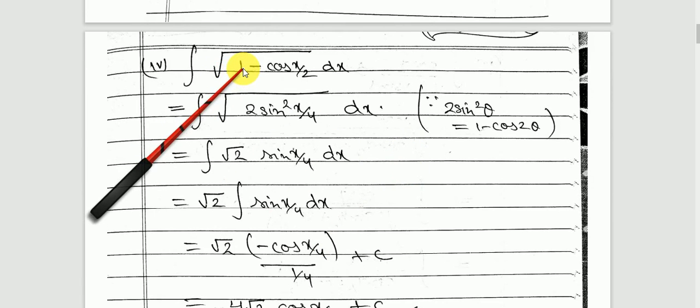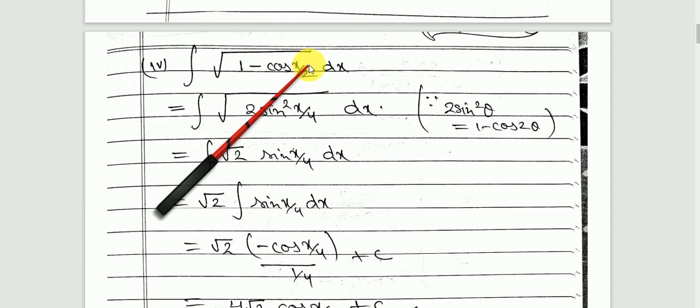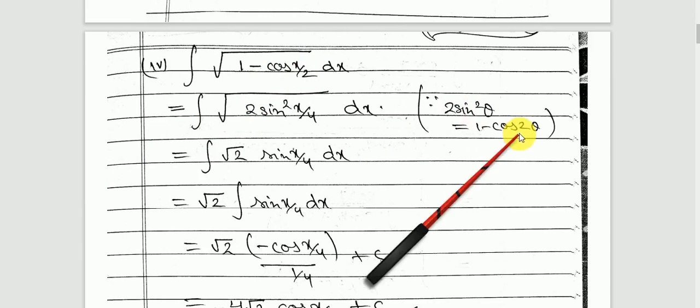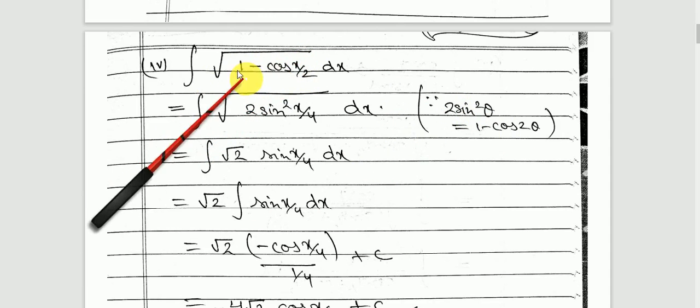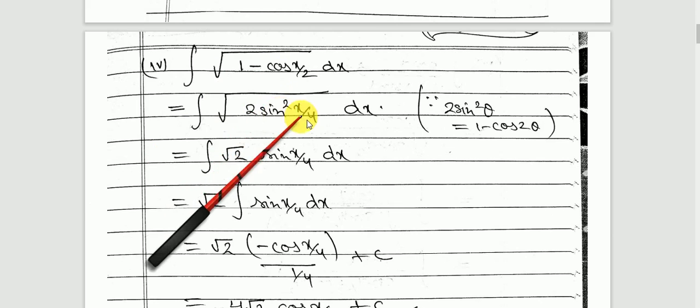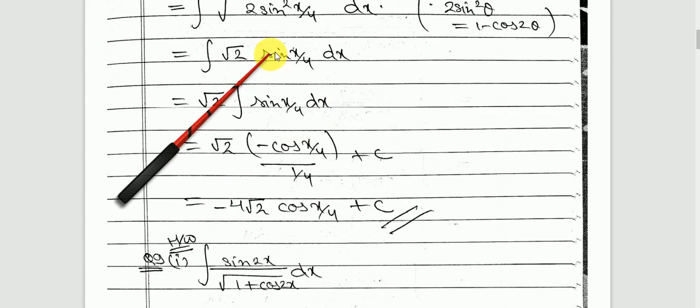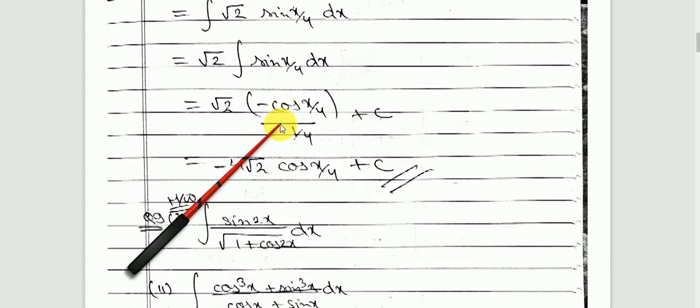Here we have got 1 square root of 1 minus cos x by 2. So use this formula and try to simplify this, and you'll get this sine x by 4, and you know the integration of this.